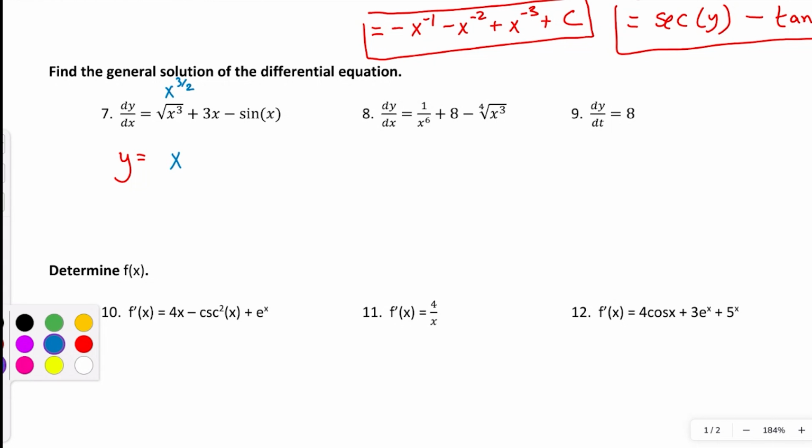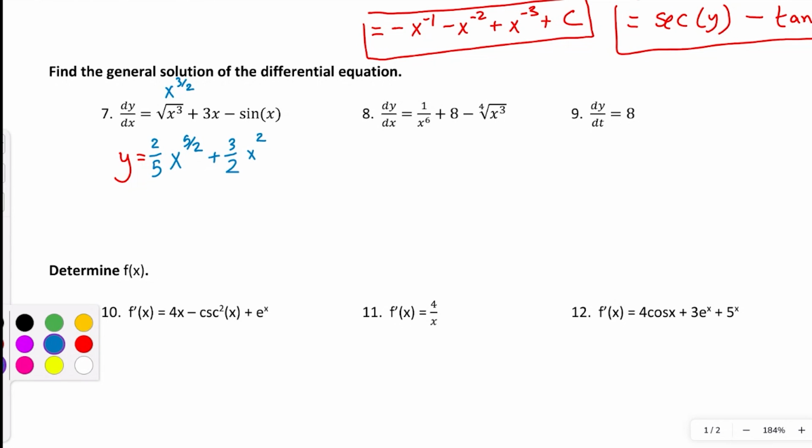So x to the 5/2 times the reciprocal of 5/2 is 2/5. So I have 2/5 times x to the 5/2 plus, then I've got x squared. The reciprocal of the 2 is 1/2. 3 times a half is 3/2.